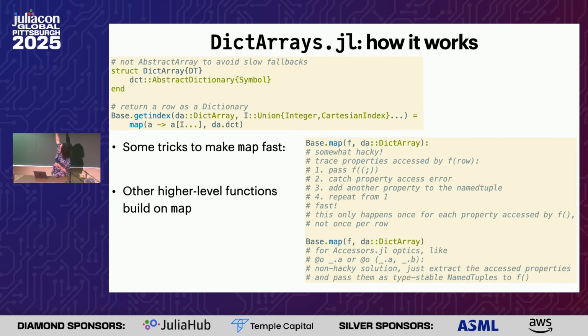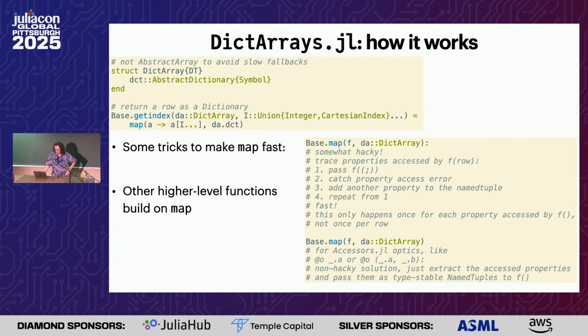It goes in an iterative way: it passes an empty named tuple to the function, checks what property it tries to access, adds the property to the named tuple, and goes on until the function executes correctly. This is really a hack or a trick, but it works fast.